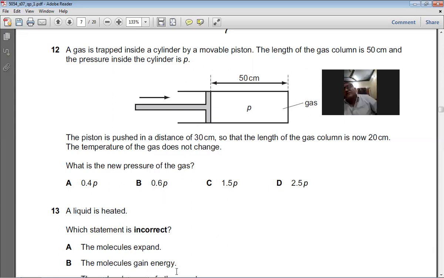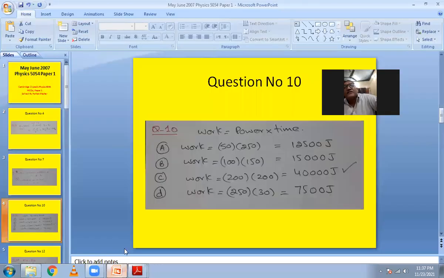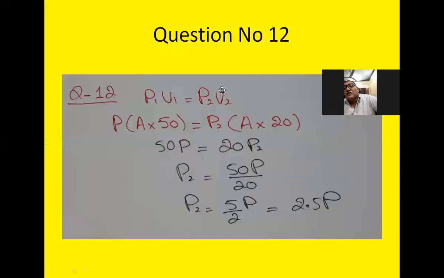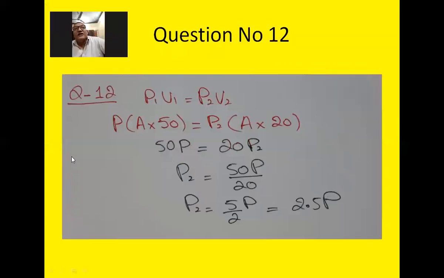And you know the formula for the pressure is P1 V1 is equal to P2 V2. So the volume 1 will be the cross-sectional area multiplied by the length of the air column, that's 50, times P. P2 will be the question, and the area is still the same, but the length is 20 centimeters of the air.